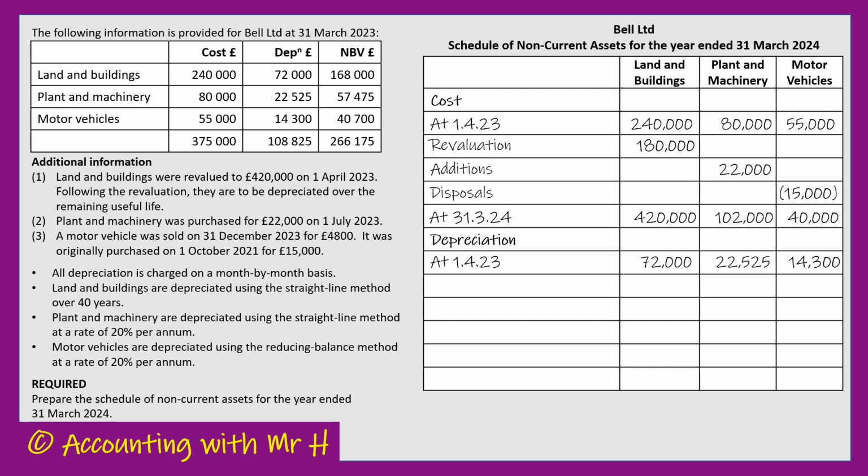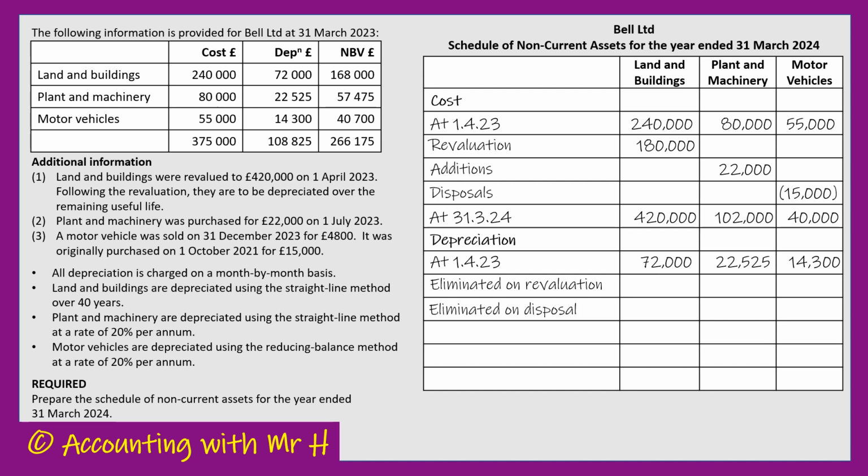We've just been advised that they currently have a value of 420. So what we need to do with the revaluation is to eliminate, which basically means remove, the historic depreciation on that asset. So you can see there then I've put a heading, eliminated on revaluation, and I'm going to work out that figure in a second. Other things to consider, if they've disposed of a non-current asset, which they have, then any depreciation that was done on that asset also needs to be removed or eliminated.